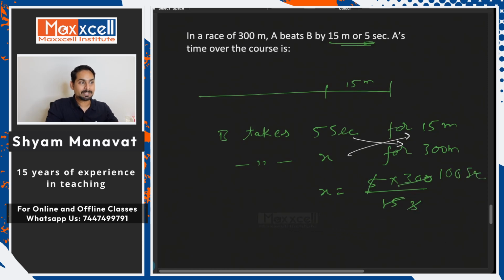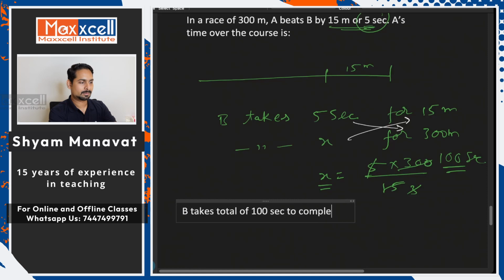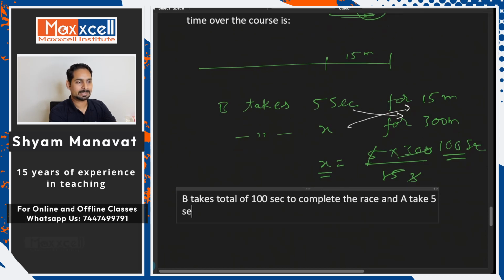Now A beats B by 5 seconds. That means B takes 5 seconds more, which means A is reaching 5 seconds early. Now tell me one thing, if B takes a total of 100 seconds to complete the race, and A takes 5 seconds less, or B takes 5 seconds more, one and the same thing, right?